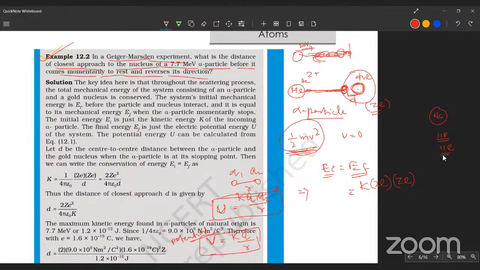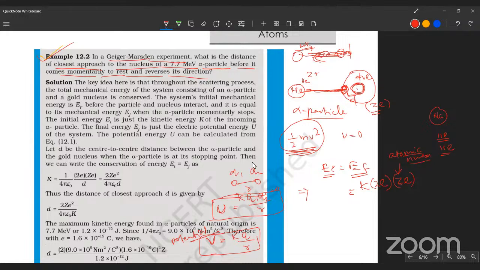So here Z means atomic number. What is Z here? Z is the atomic number into charge of electron. So atomic number into charge of electron. So that is your final energy.